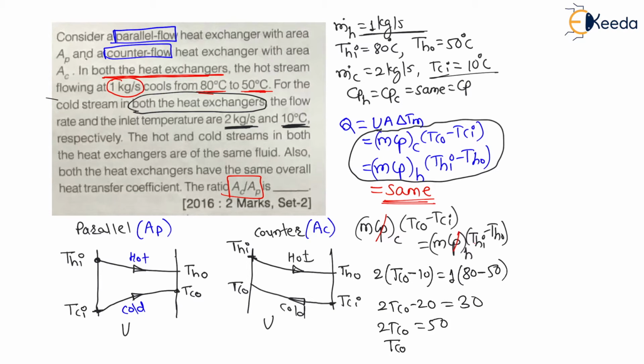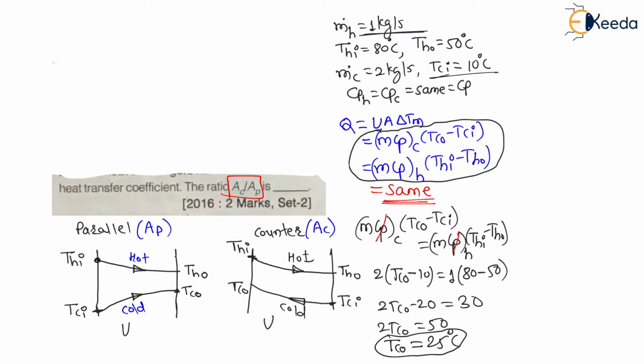Therefore the exit temperature of cold fluid in case of both will be 25 degrees Celsius, because here the mass flow rate, Cp and TCI are the same and the heat is also the same. Therefore TCO must be the same, which is 25 degrees Celsius. Now my dear students, again this Q is nothing but UA delta Tm.